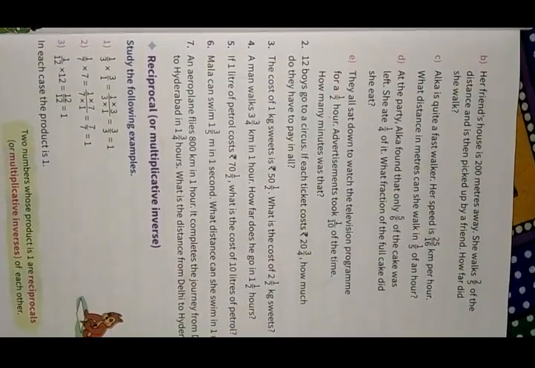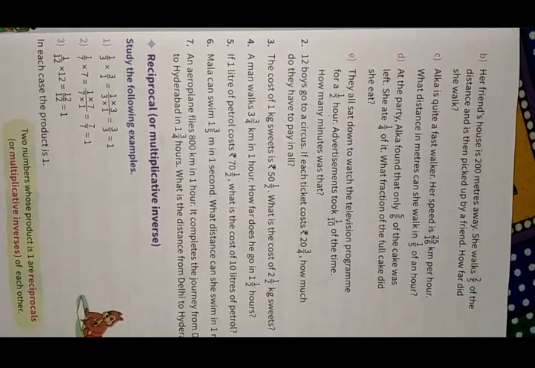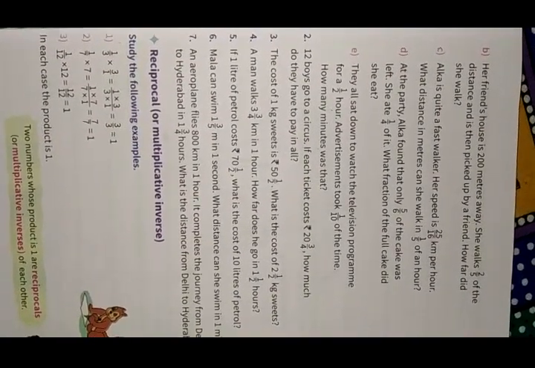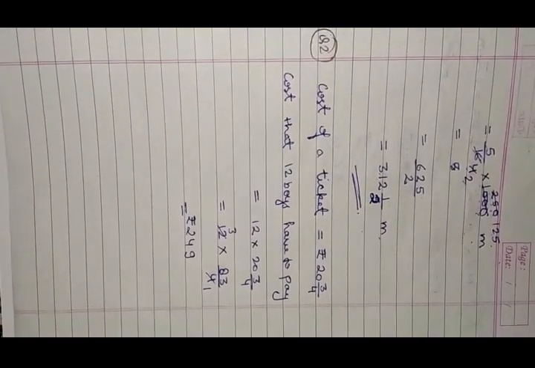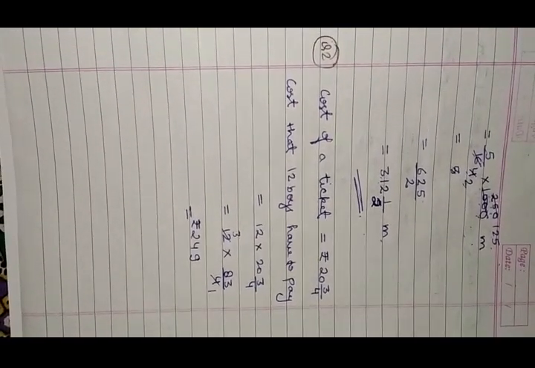Now question number 2. 12 boys go to the circus. If each ticket costs 2 3/4 rupees, how much do they have to pay in all? The cost of a ticket is 2 3/4 rupees.